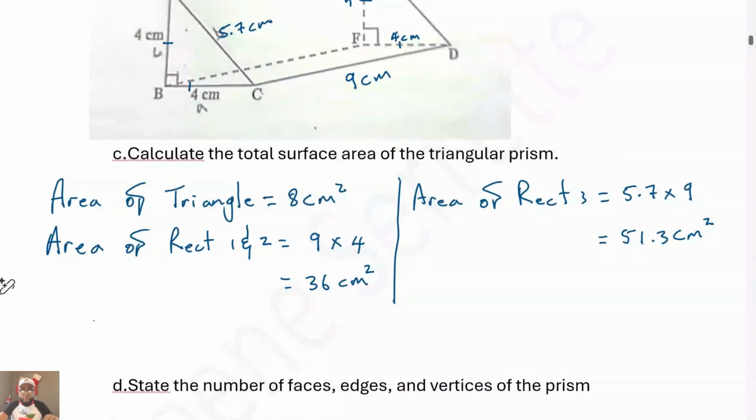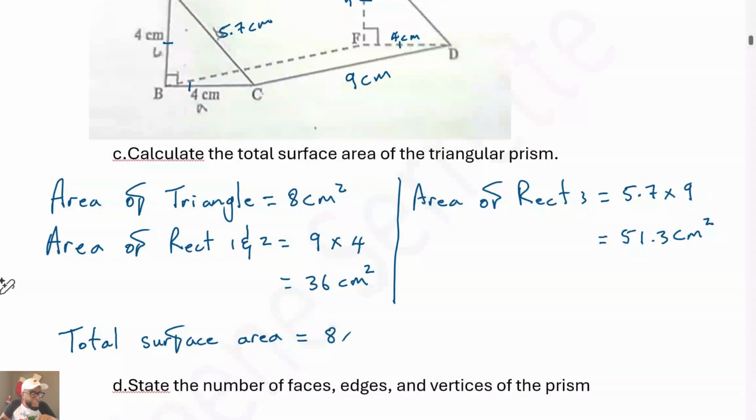Right. So now we're going to calculate the total surface area. Total surface. Right. What are we adding? What are we adding there, Tyrese? What are we adding first?